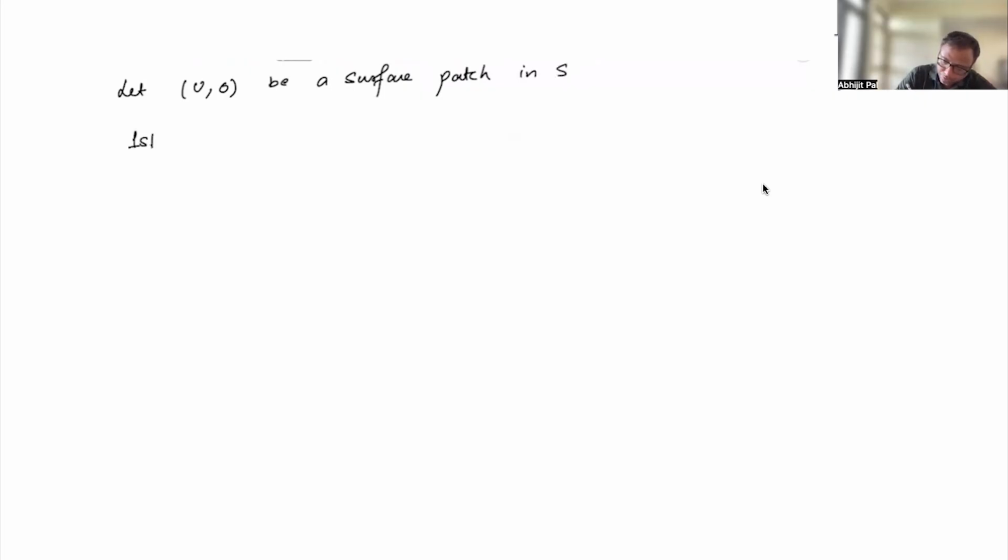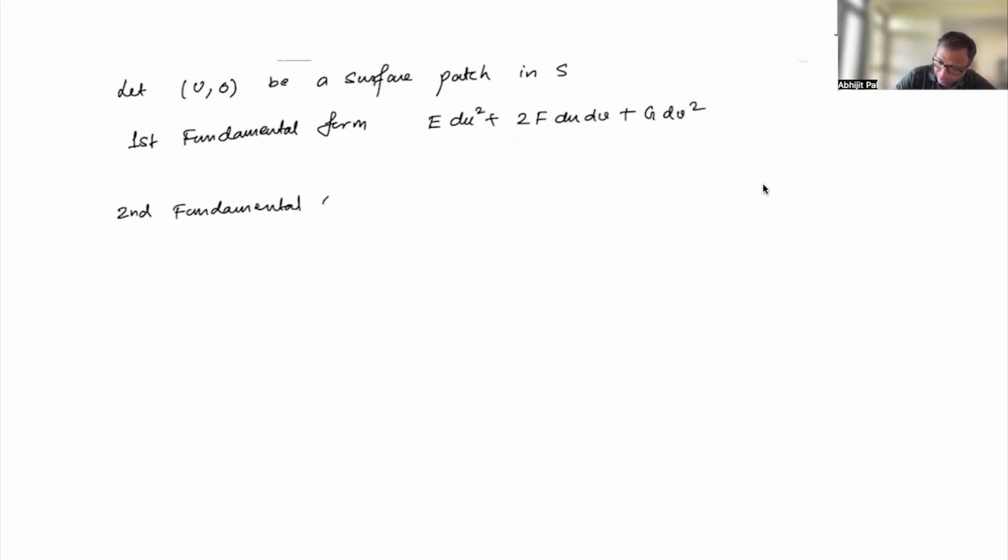So what is my first fundamental form? The first fundamental form is given as E du square plus twice F du dv plus G dv square. And the second fundamental form is given as L du square plus twice M du dv plus N dv square.